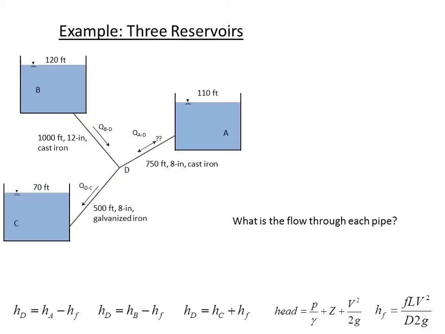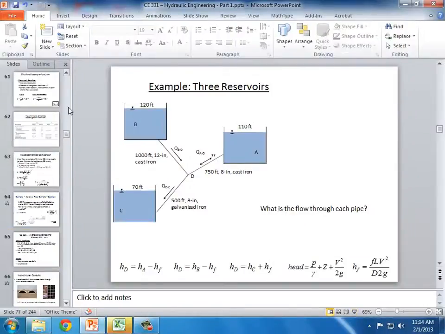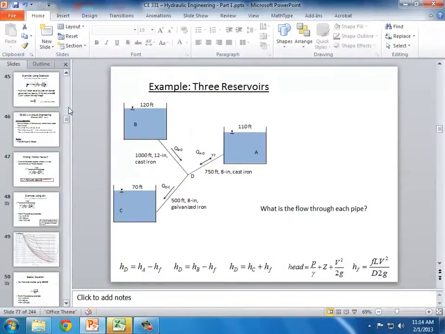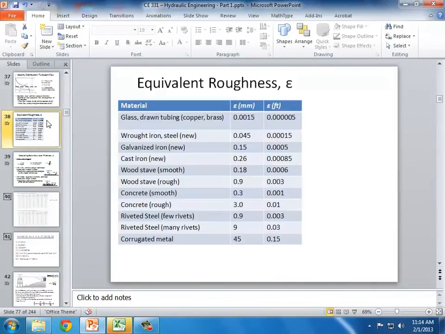Okay, let's go to the value of equivalent sand roughnesses. See if we can track that down. All right, so cast iron in terms of feet, cast iron, okay, so 0.00085.